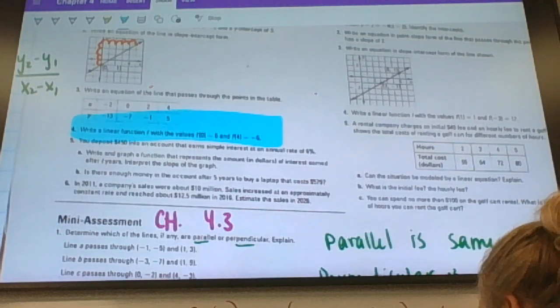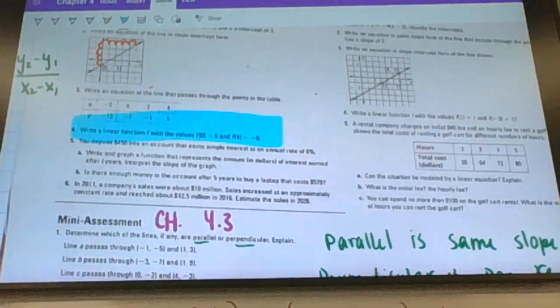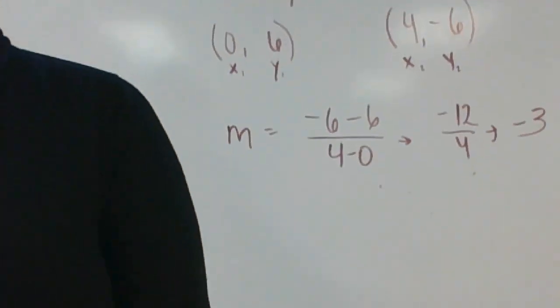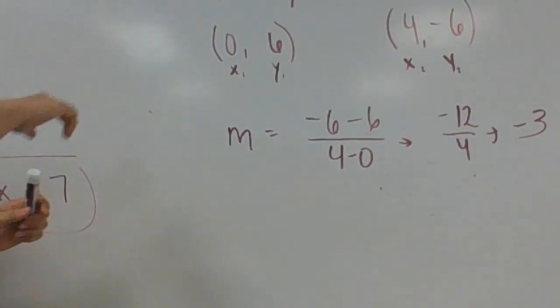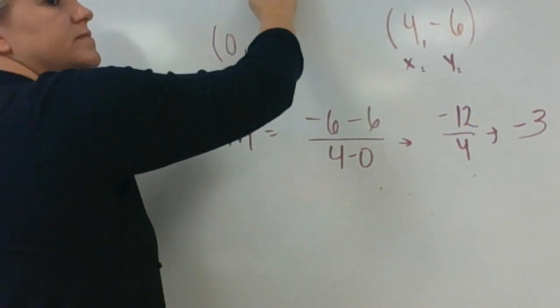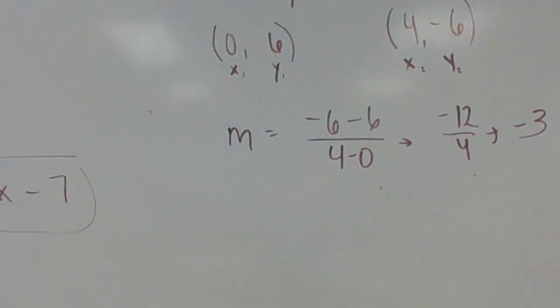That's -12 over 4. -3. I got a -3 here. This is supposed to be positive. I saw it negative twice. I'm sorry, I'm messing it up. Well, no, the formula has a minus sign in it.